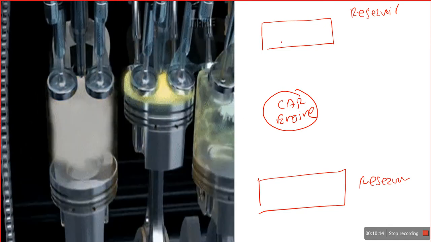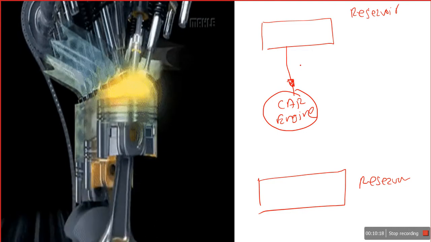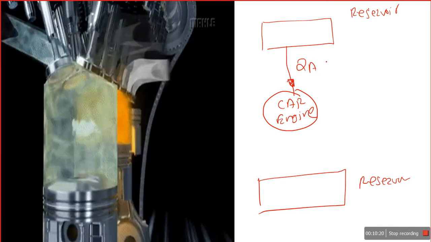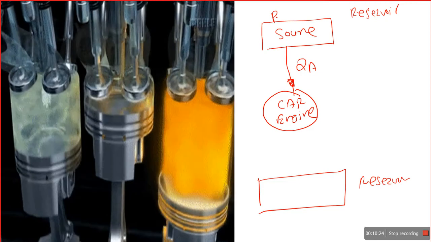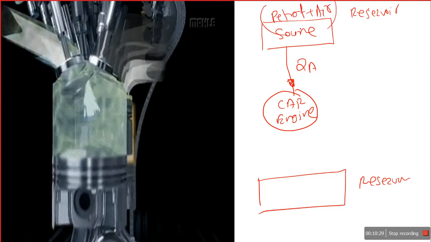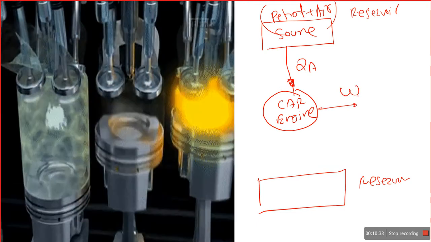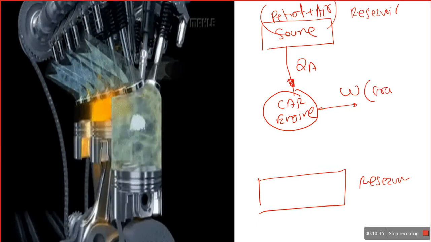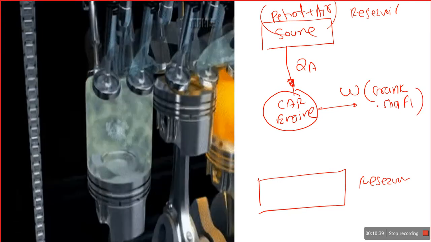In the car engine, the engine absorbs heat from the source, which is nothing but petrol plus air. And what is the purpose of the car engine? We get work available at the crankshaft, just simply.